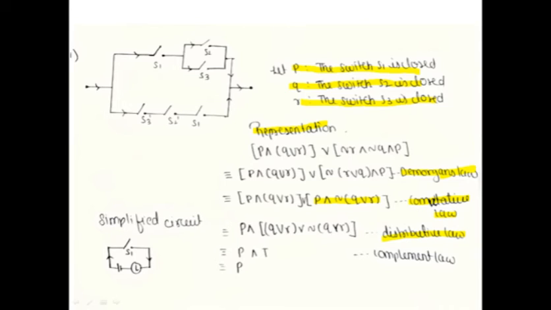We have taken P common, and in the bracket it becomes P or R or negation of P or R. Here we have used the distributive law. So P or negation of P becomes true. It is the complement law. So the statement and true becomes the statement. So the simplified circuit is only P, that is S1.